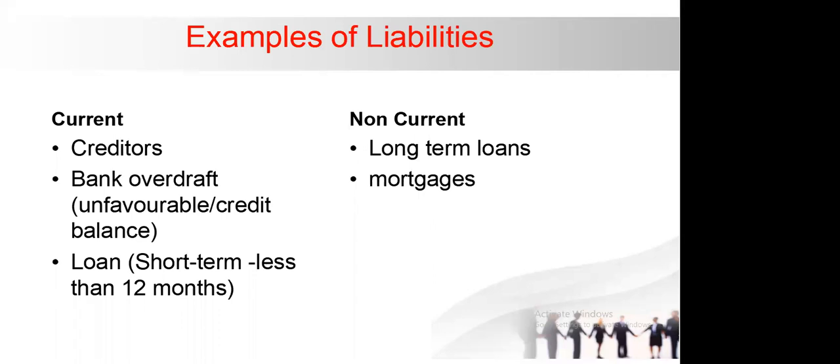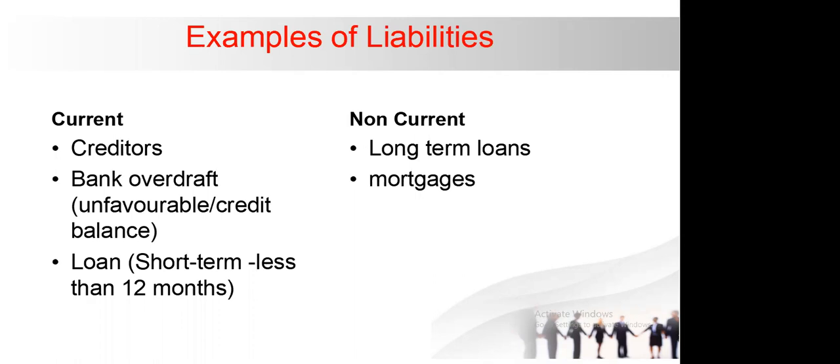And when we have a bank overdraft, we have a current liability, because a business cannot sit with a bank overdraft for a long period of time. Remember, what we want in our bank is a favorable balance, or a positive balance. So we ought to pay this bank overdraft within the fastest period that we can.